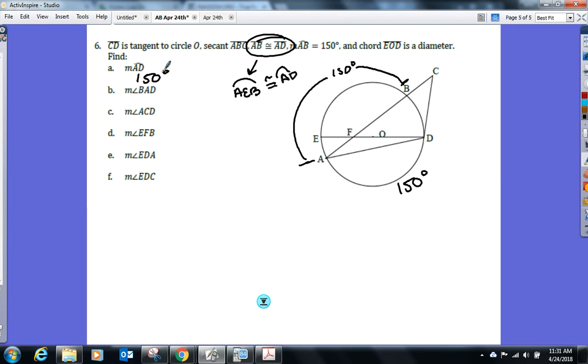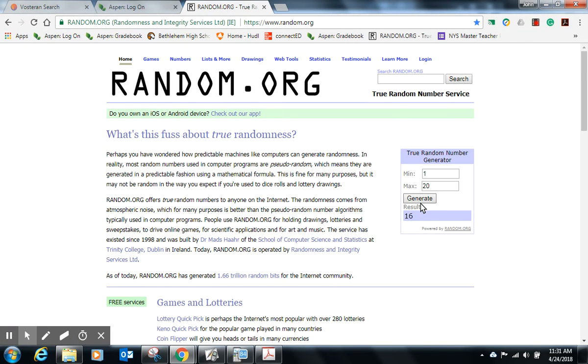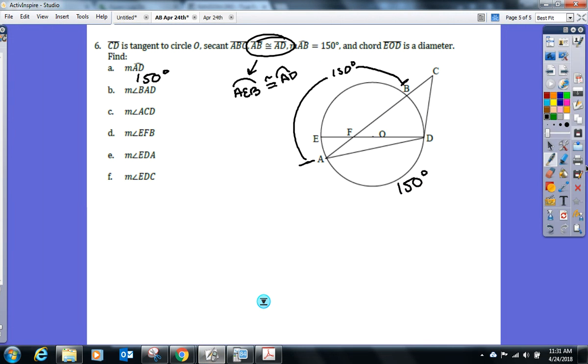Before I get onto any of the angles, can you find the other 2 arcs? If you know all the arcs, you're pretty much golden in these big dog problems. EOD is a diameter. Can you find the other 2 arcs? This is not drawn to scale in this diagram, but here you go. Any idea on the other 2 arcs?